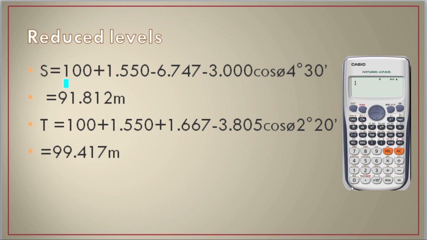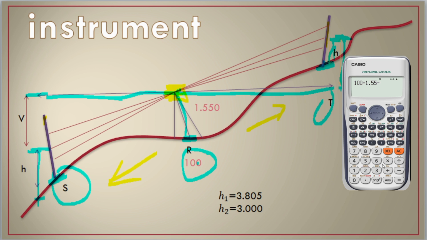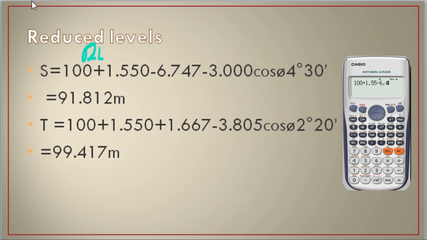So we have added the reduced level of our point here, our point R, and by adding that to the height of instrument to get the line of collimation, then we subtract the V and we subtract now the formula. So here it's H cos theta.